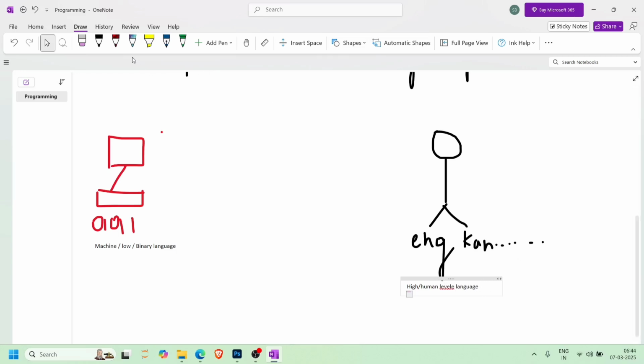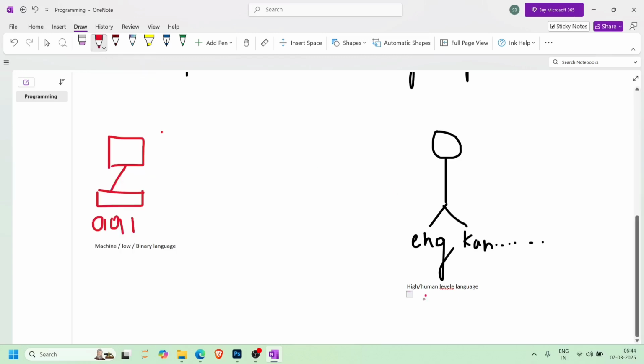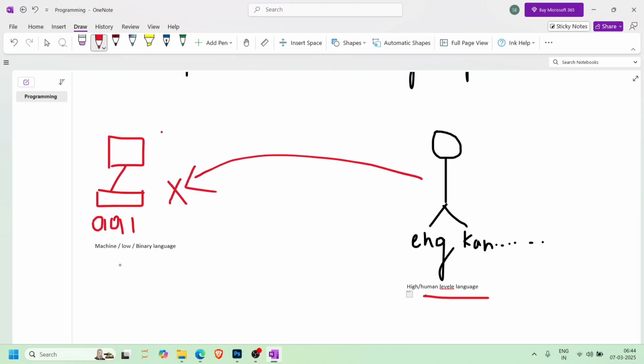When I write the instruction in a high level or human level language, it is not understandable by the computer.